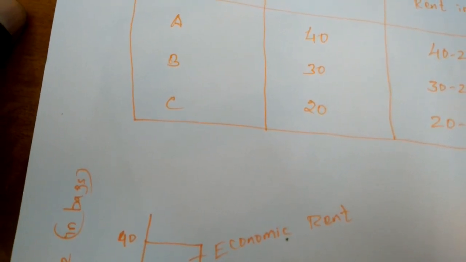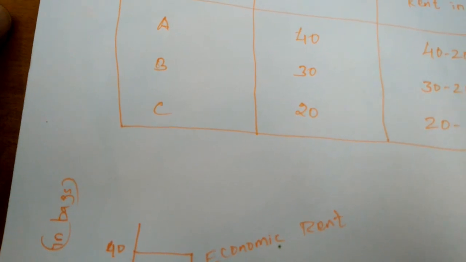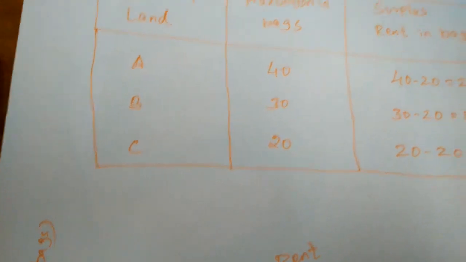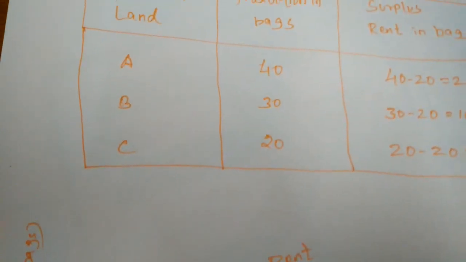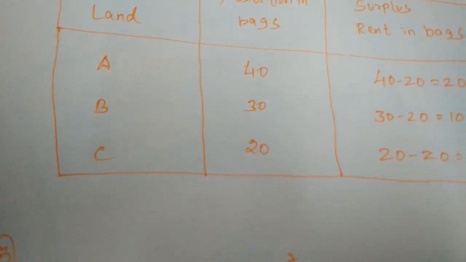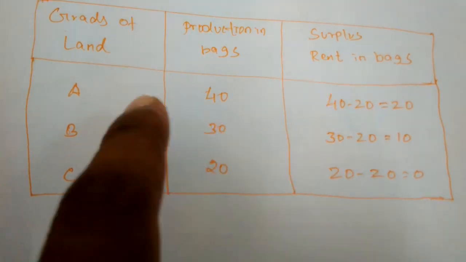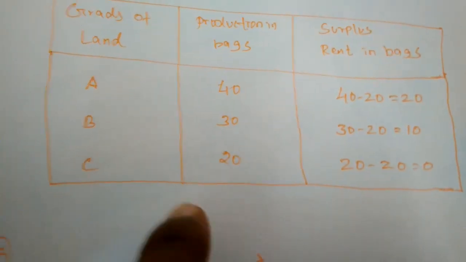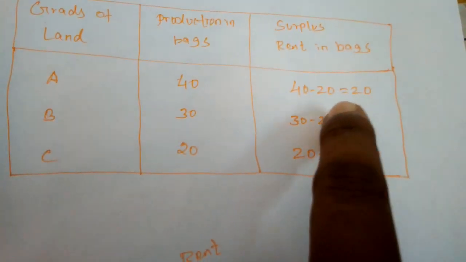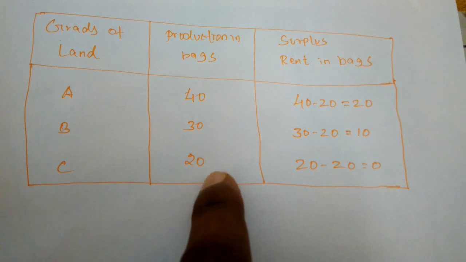So the surplus of A grade land is now raised to 20 bags, and it is the economic rent of A grade land. The surplus of B grade land is 10 bags. This is the economic rent of B grade land. If you consider the A grade, B grade and C grade land, the A grade land will have 20 bags, because the rent is considered on the basis of fertility of the land.